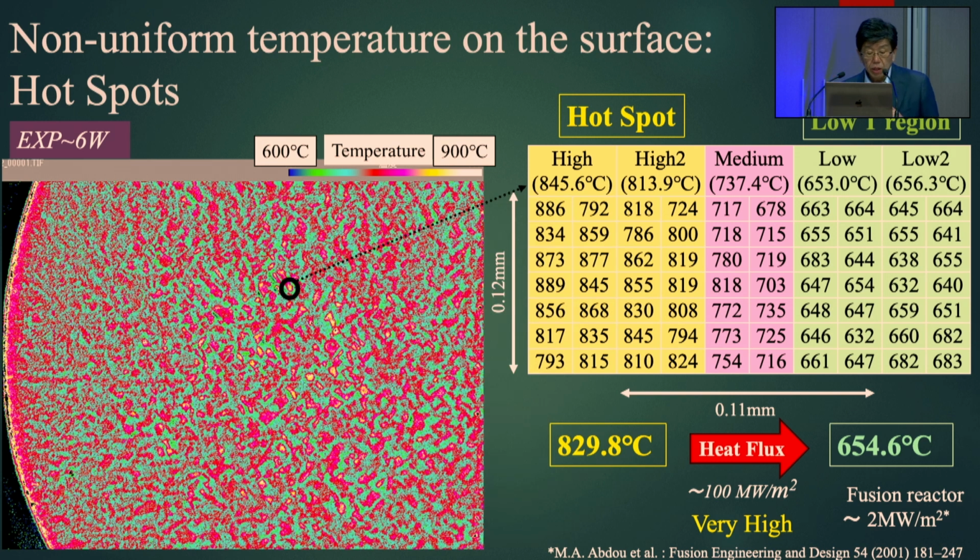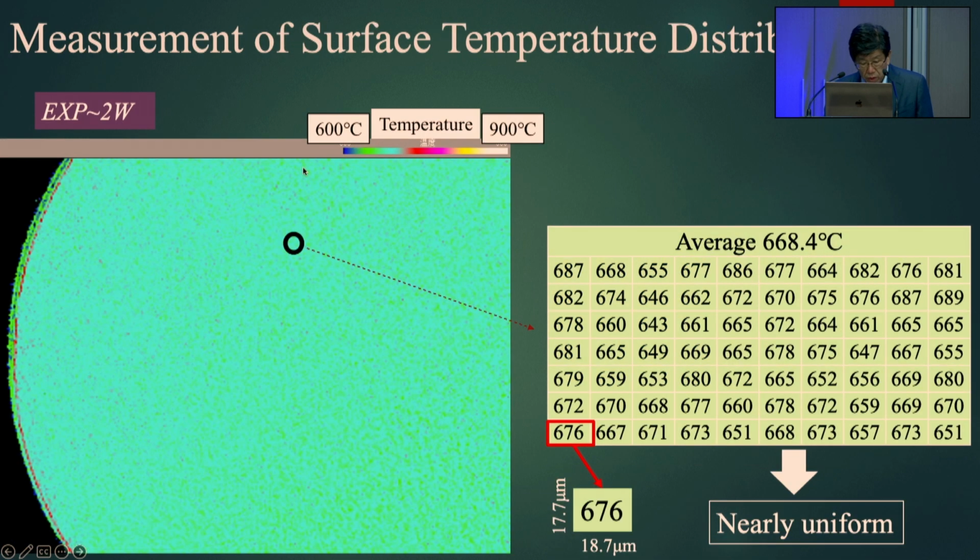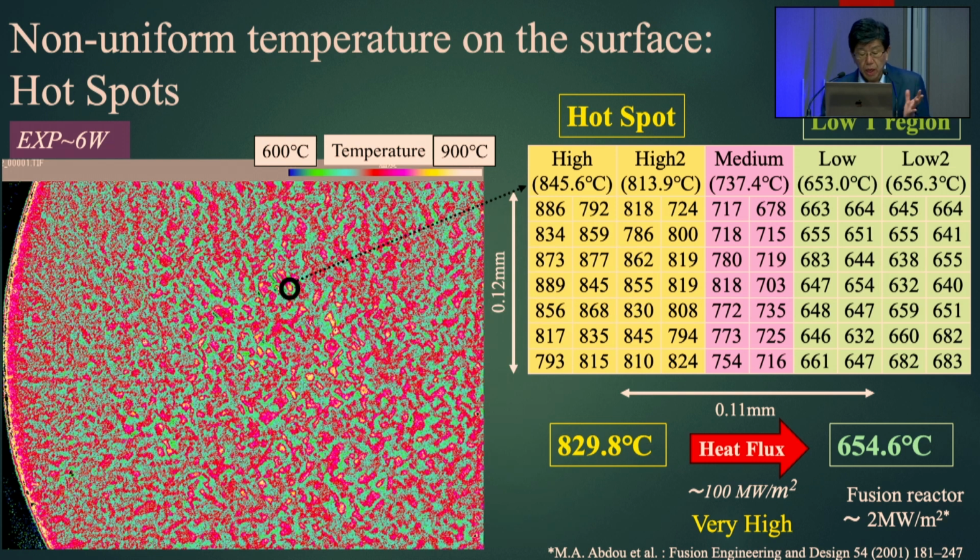However, this case produces higher excess heat, and there is a non-uniform temperature distribution on the surface. The temperature scale is the same as before, 600 to 900 degrees, but the surface distribution is quite different. We can find a hot spot of more than 800 degrees.